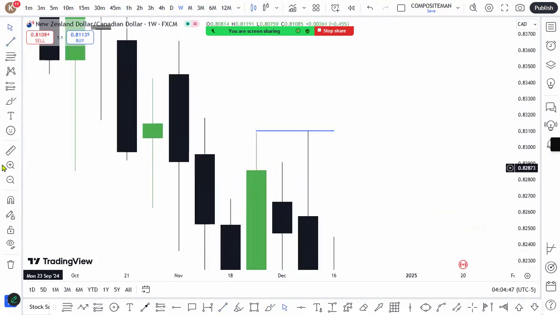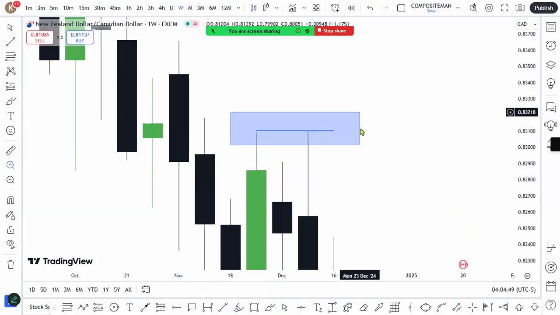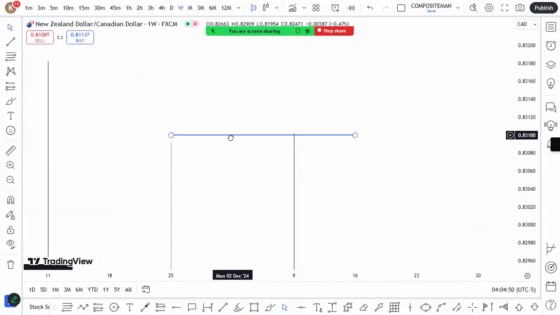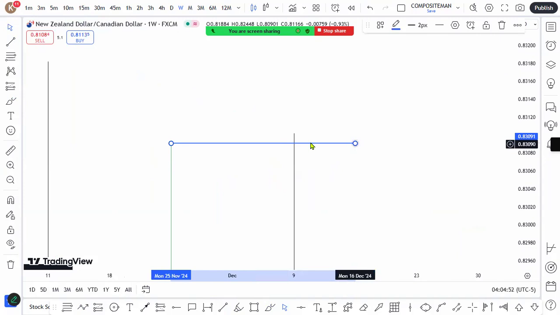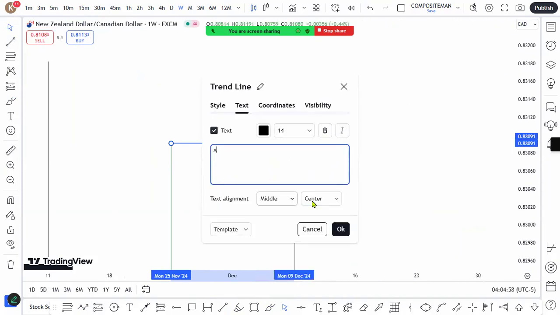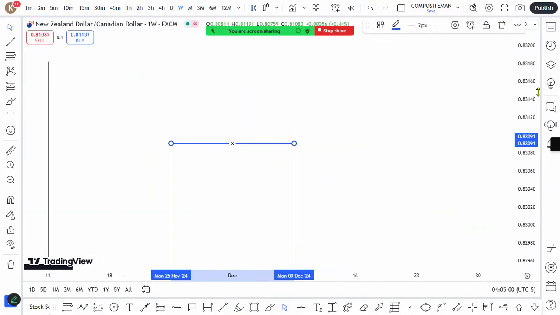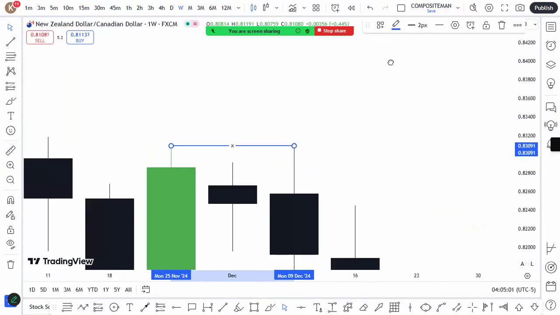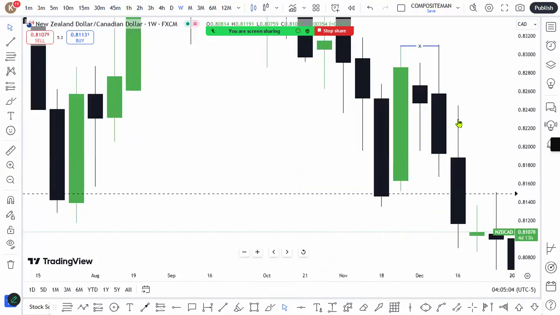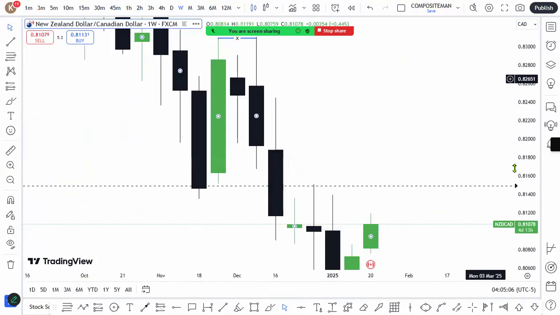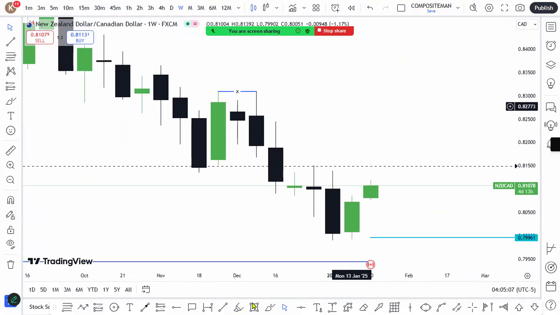Let me zoom in a little bit to be clearer. If that candle is taken out, then I'm good. So this high we can see it is taken out. And once this one is taken out, then a form of liquidity is taken out. So probably my candle of interest is this one.